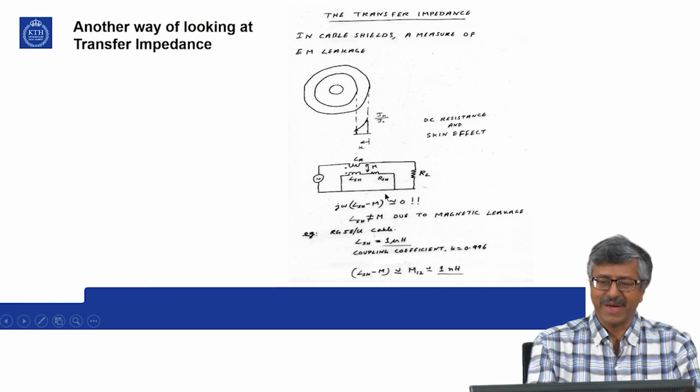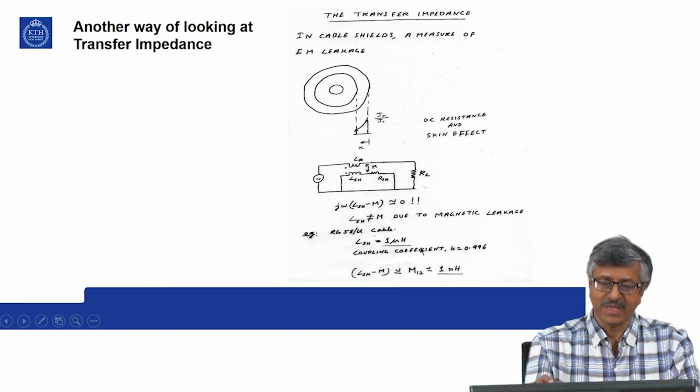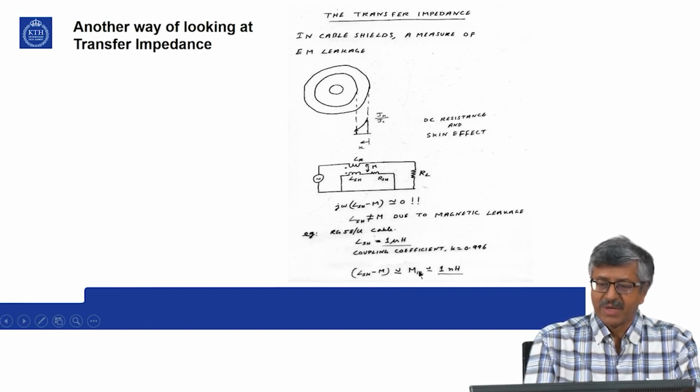There will be a slight mismatch between the mutual inductance and the self inductance of the shield, and that mismatch is the one causing the leakage, say, inductive leakage into it. For example, the difference between those two inductances may be altogether M12 or 1 nanohenry, for a coupling coefficient of 0.996.